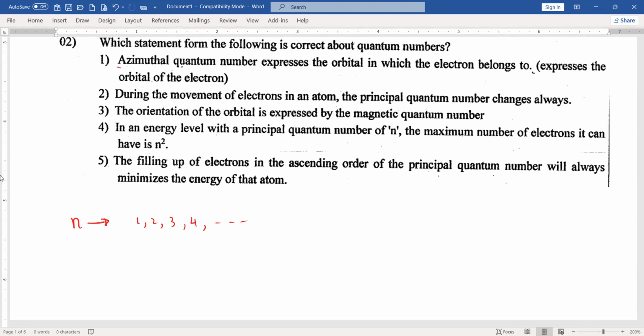The azimuthal quantum number, or sometimes we call the angular momentum quantum number, denoted by simple L, it represents the sub-energy levels. So L can take 0, 1, 2, 3 up to n minus 1.